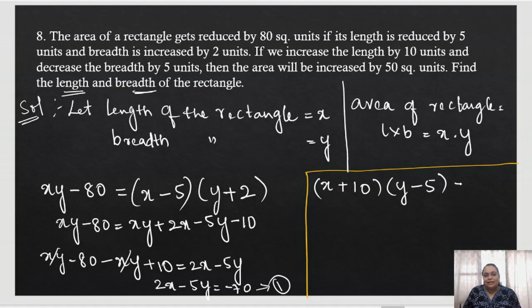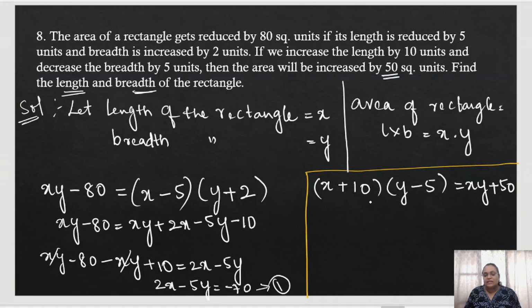Then the area is increased by 50 square units. The area is xy, so the area increased is xy plus 50. Now let us simplify this.